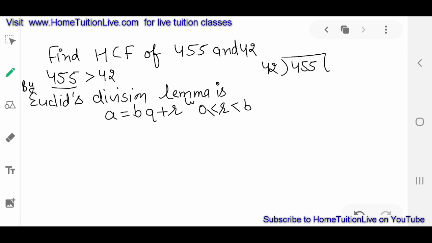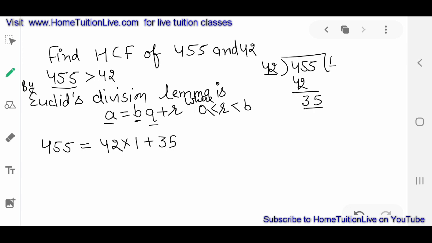Okay, so let's start. Now divide this number by 42. 42 times 1 is 42. We will get some remainder, which is 35. Can we divide it further? No, we cannot divide further here, so write it as 455 is a, b is 42, quotient 1 plus remainder 35.